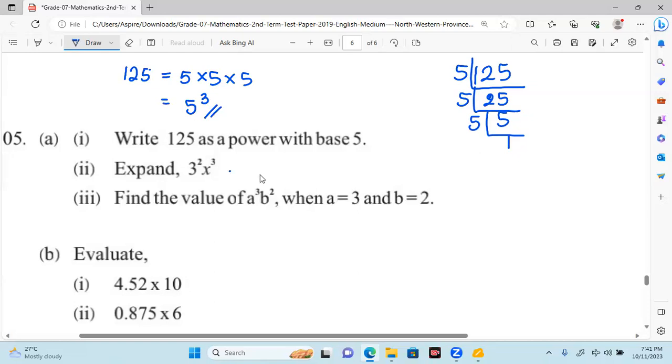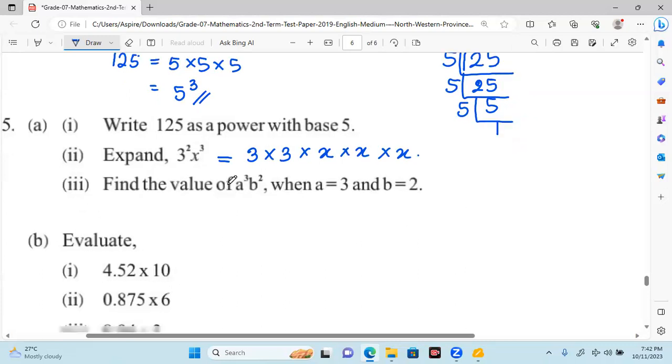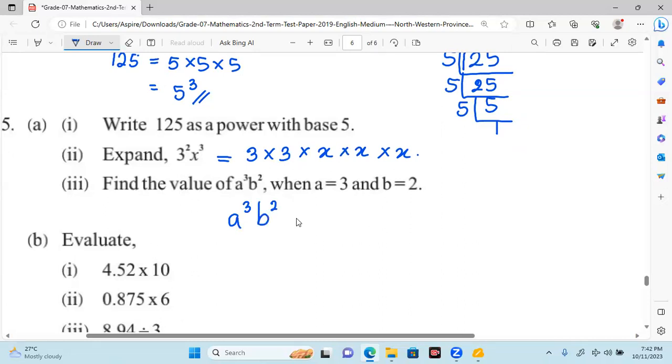Then to expand this, 3 to the power of 2 means 3 multiplied by 3, and x cubed means x into x into x. Okay. Find the value of a to the power of 3, b to the power of 2. Then a to the power of 3 times b to the power of 2 is a into a into a into b into b.